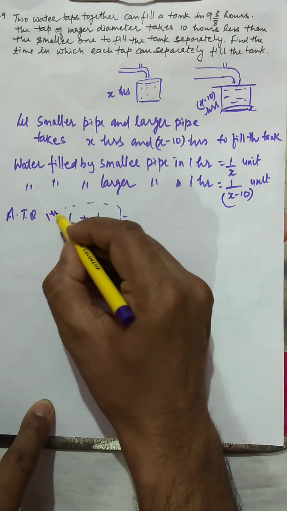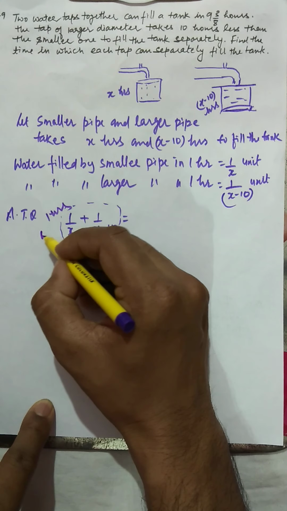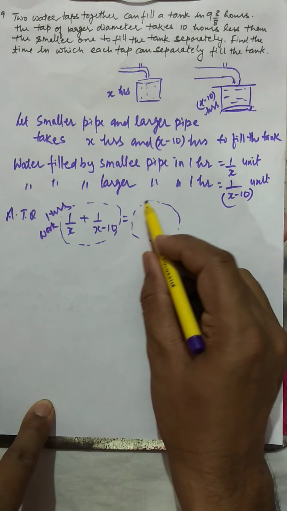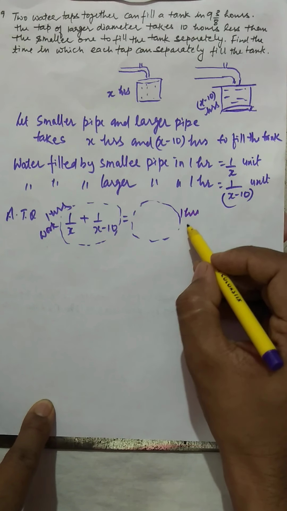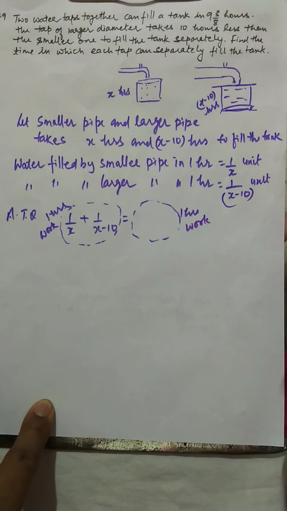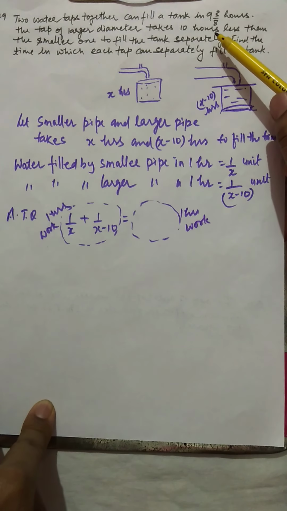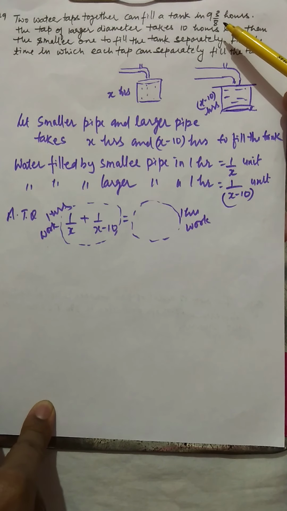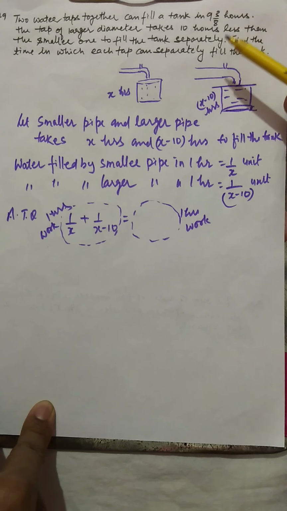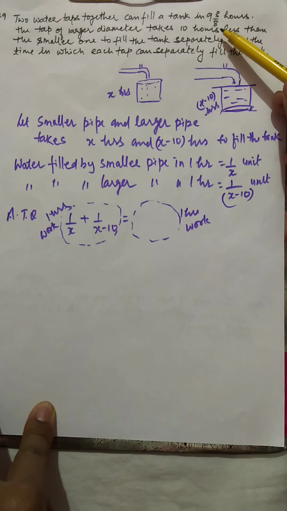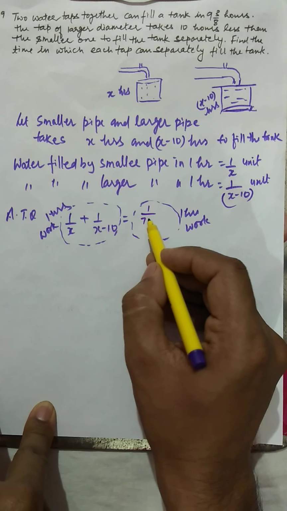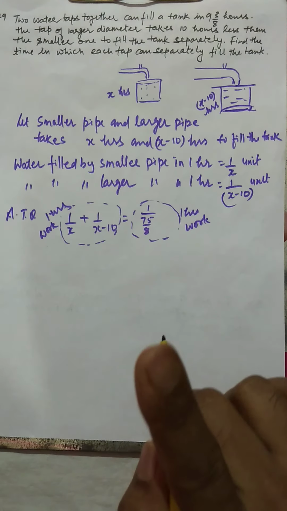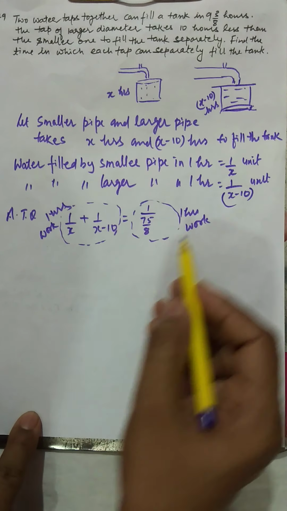So the right hand side should also be 1 hour work. So you see the total time is 9 3/8, and if you convert it into an improper fraction, you can write that as 75 upon 8. So 1 upon 75 upon 8 is actually the work done in 1 hour.